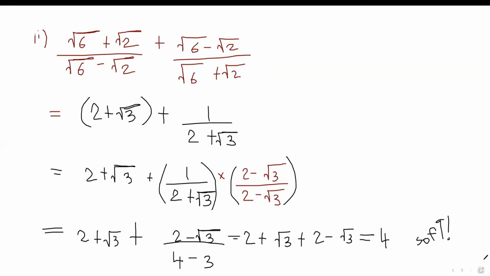So we need to show that the sum from r equals 1 to n of r times r plus 1 is equal to 1 over 3n times n plus 1 times n plus 2. Nice. So this is what we need to show.